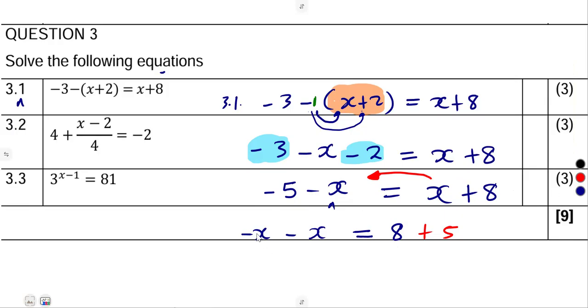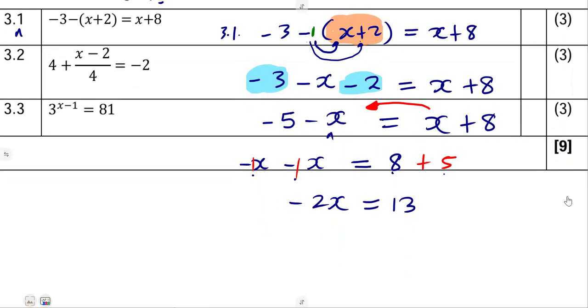Minus x is simply minus 1, minus 1. These are like terms. So minus 1 minus 2x is equal to 8 plus 5, which is going to give us 13. All right, so that is it. Let us solve for x. Divide by negative 2. We have got a product here, so we're just going to divide by what?